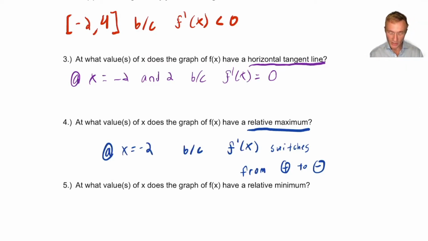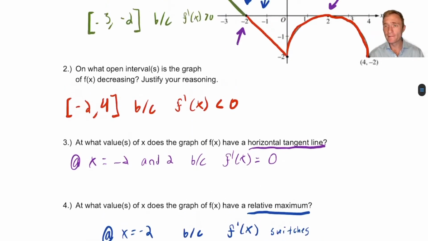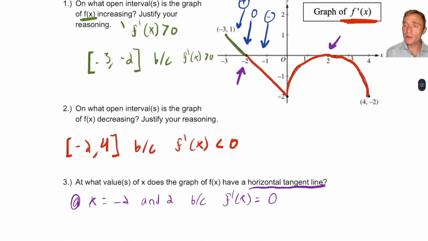At what values of x does the graph of f of x have a relative minimum? That would be if the derivative went from negative to positive. That never happens here. The derivative never crosses the x-axis from below. Now you might look at that 2 on the right, but what's happening there is the derivative, this is a graph of the derivative, is below the x-axis. So the derivative is negative. It's getting less negative. At 2, the derivative is 0.